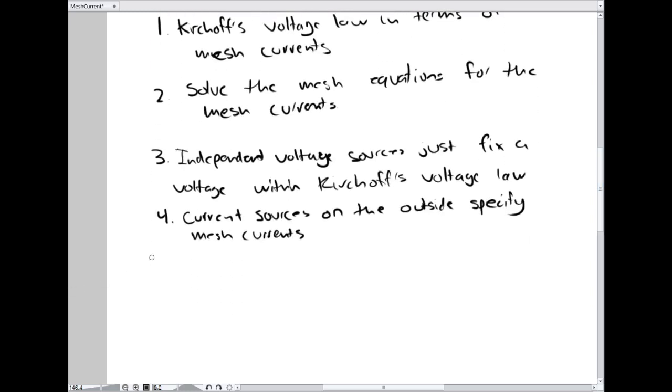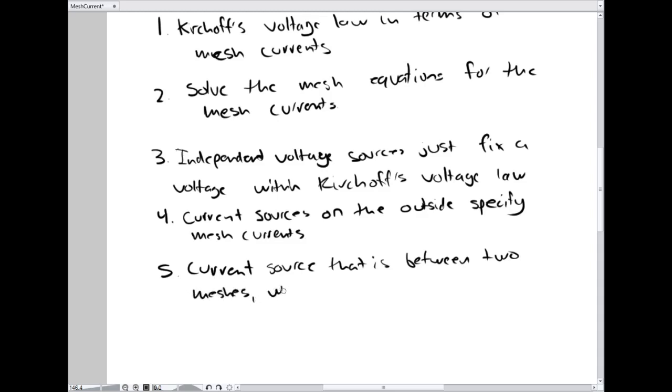And then, similarly to node voltage, if we have a voltage source that spans between two nodes where neither of them is the ground, we have to use a supernode. Well, if we have a current source that's between two meshes, we use a supermesh.